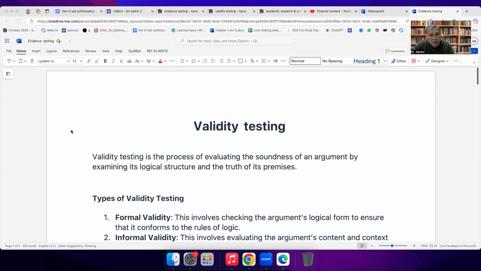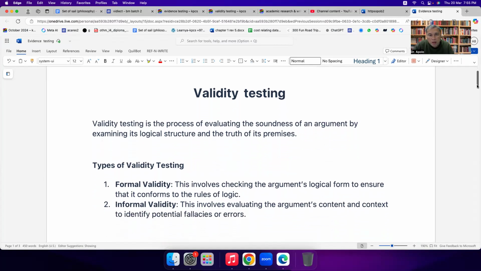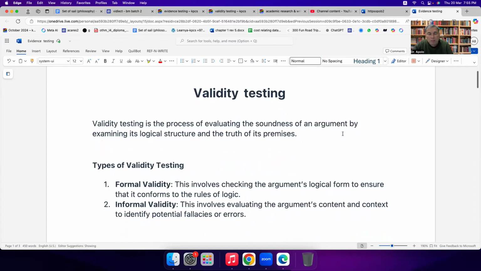So this time we're going to angle on validity testing and evidence testing. These two things are what we call something to say with the research.